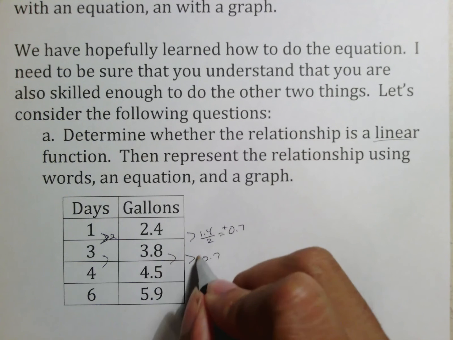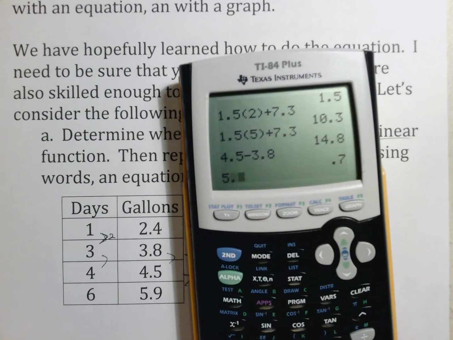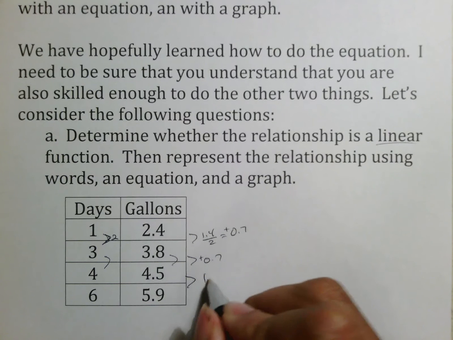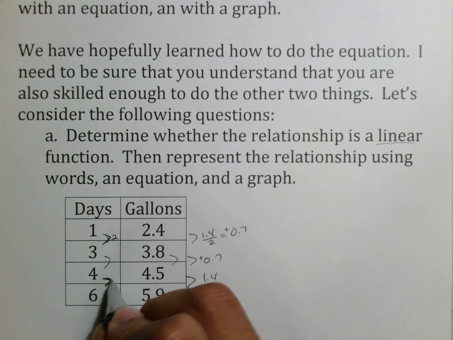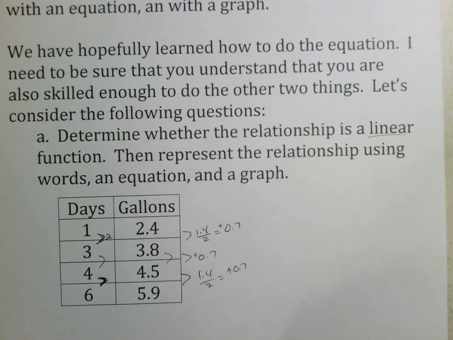And that difference is 1, so we just use it because a difference of 1 is what we want anyway. And then checking the last one, 5.9 minus 4.5 is a difference of 1.4, but again the difference in our independent variable is 2, so we divide that, getting again a difference of 0.7.